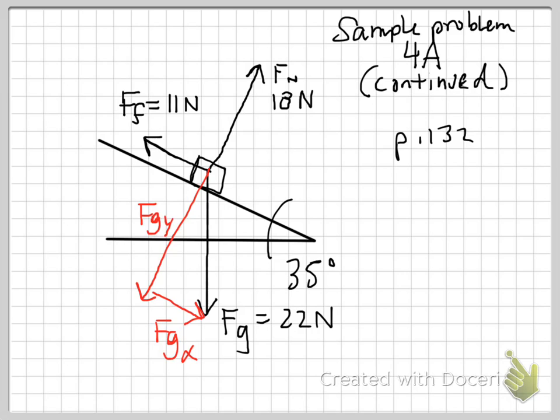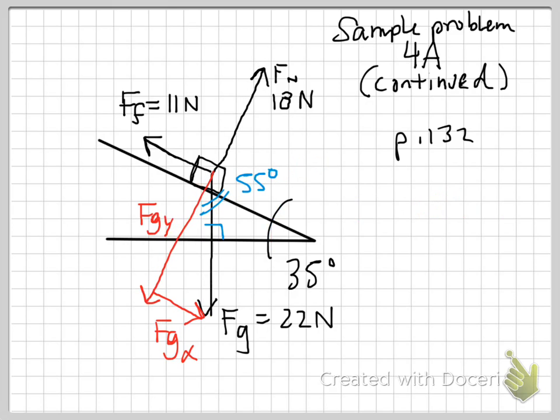You'll notice that this line that we've made for force of gravity makes a right angle here with the line that's showing what would be the horizontal on the planet, and since this angle is 35, we know that this angle must be 55 degrees because the sum of the interior angles of a triangle is equal to 180. So 180 equals 35 plus that other angle x, and that angle equals 55 degrees.